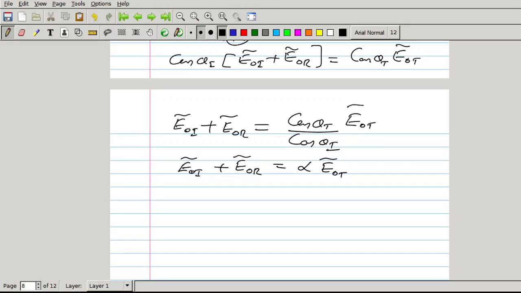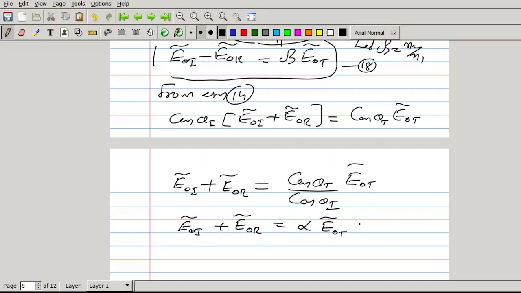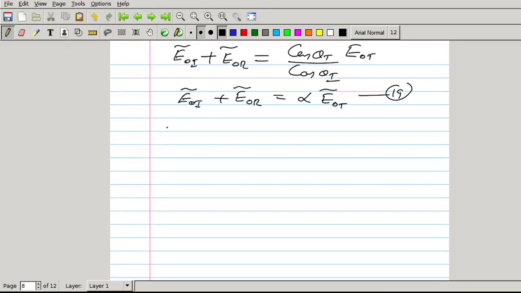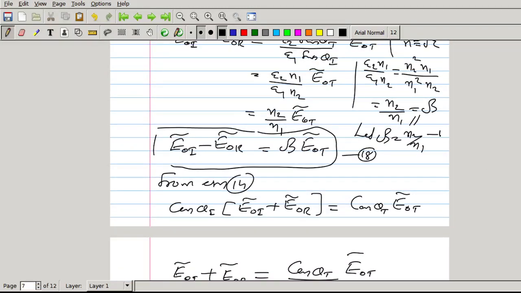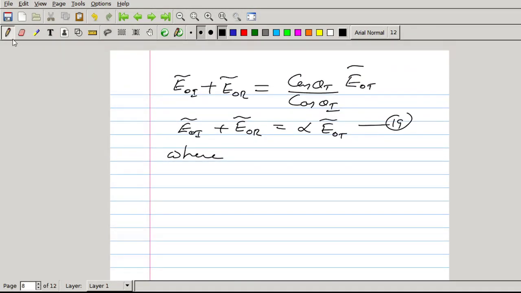This is equation number 19. Where alpha equals cos theta t by cos theta I, this is equation 20.